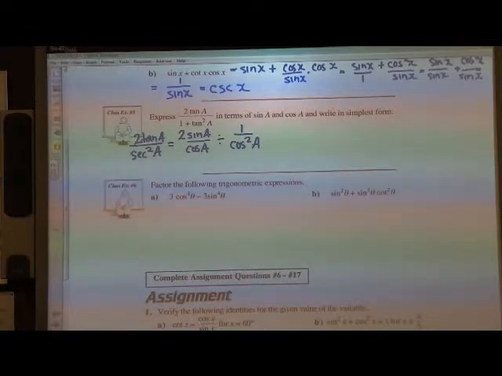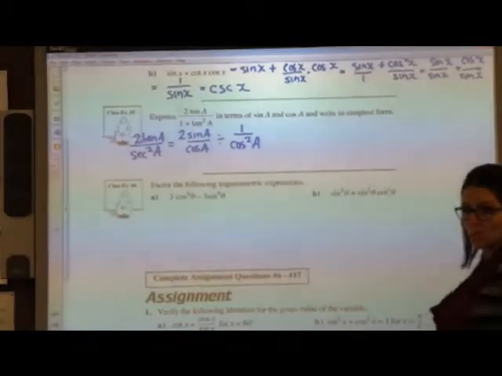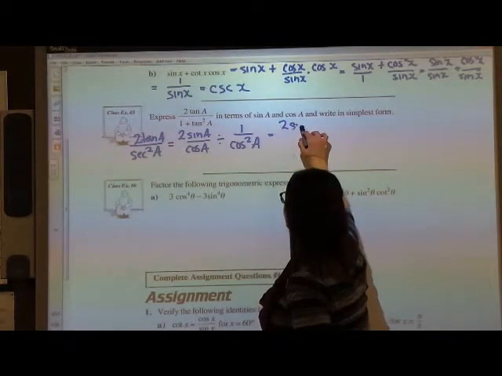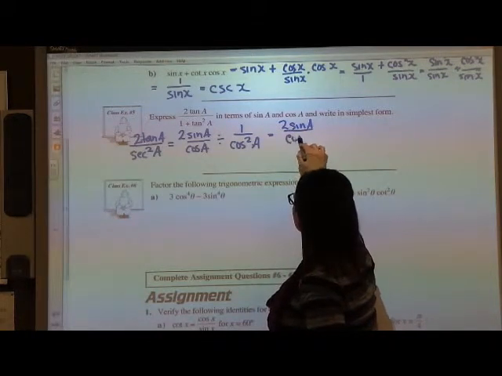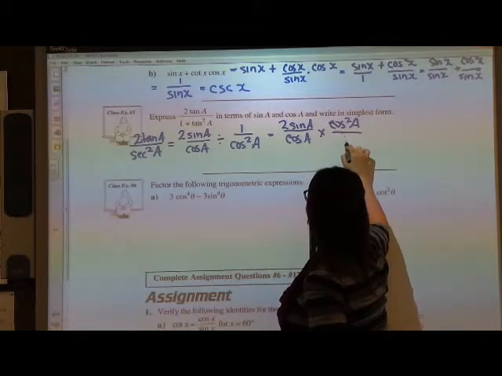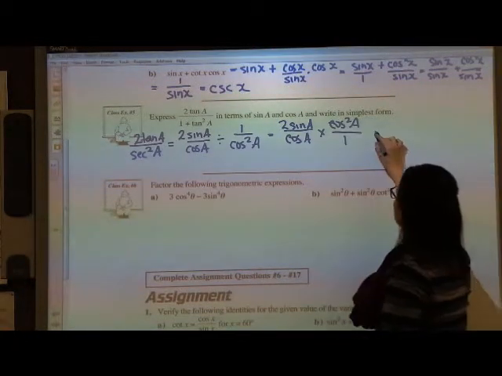What do I get when I divide these? How do I divide fractions? Okay, I can do common denominators or I can multiply by the reciprocal. What is that going to give me?